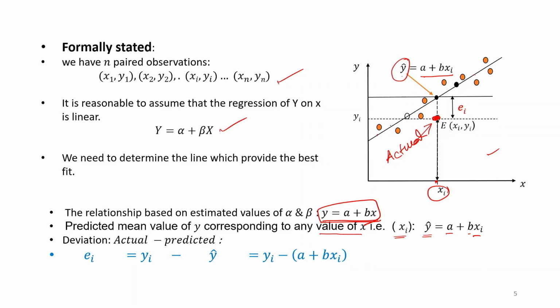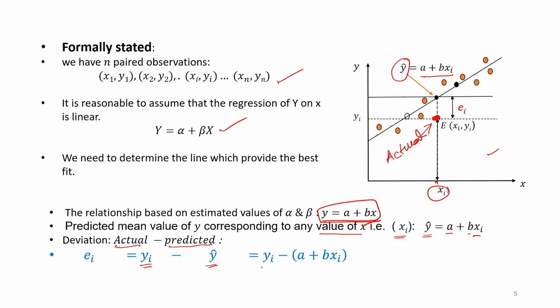This is the deviation between the actual and the predicted. So actual is yi and predicted is y hat. The difference between these two is shown in this diagram, which we call ei, that is error.